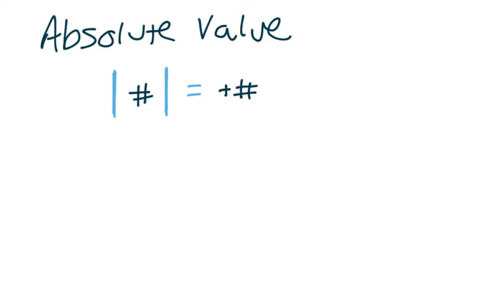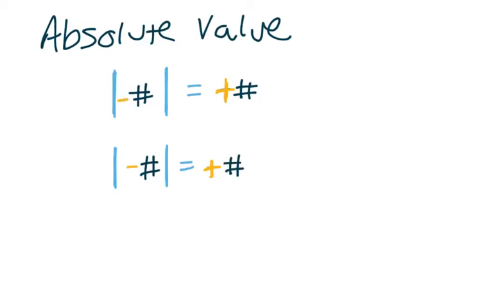Okay, so it is always going to be the positive value of that number no matter what you plug in. So again, you could put in a negative number, and even if you put it inside of those absolute values, it's still going to come up with a positive.